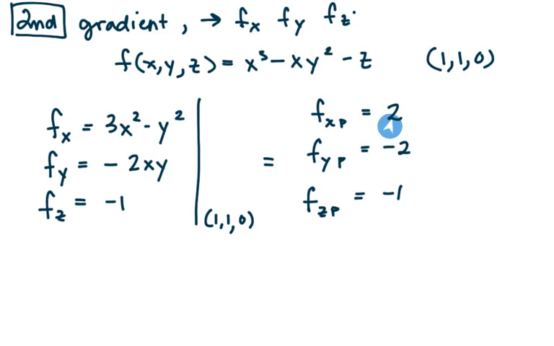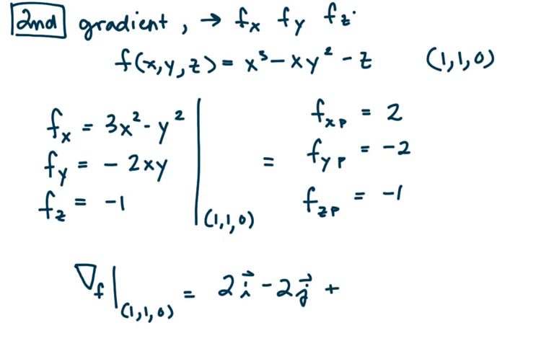So my partials evaluated at the point are 2, negative 2, and negative 1. So that means my gradient, remember, the gradient is those partials evaluated at the point. The gradient at (1, 1, 0) is going to be 2i minus 2j, and then minus 1k.